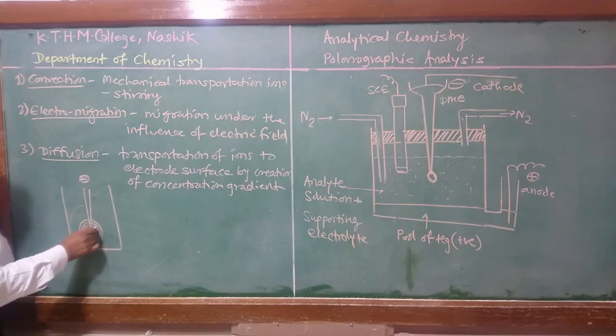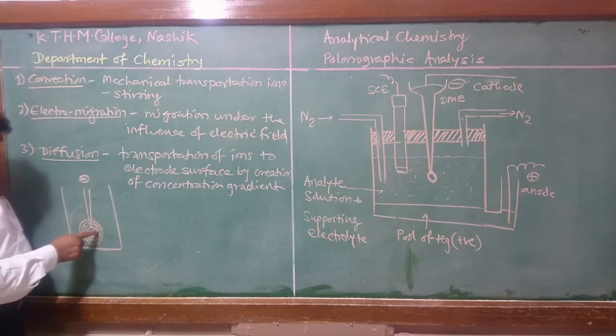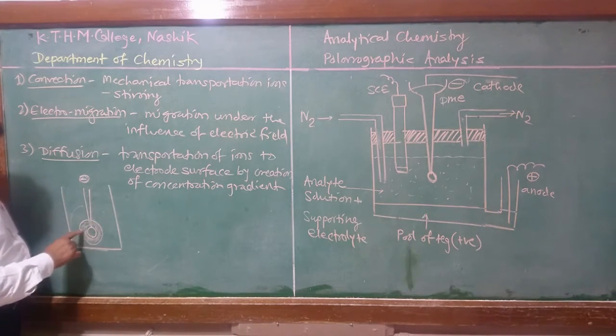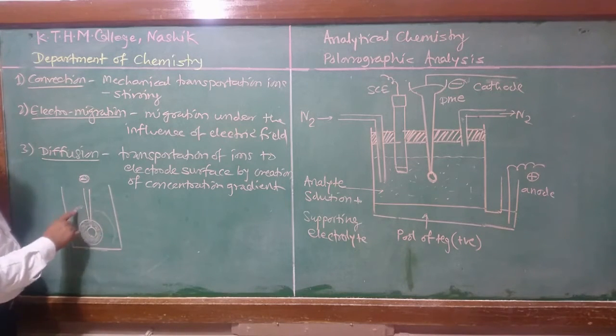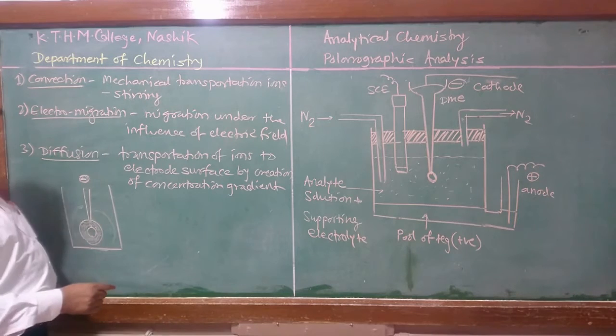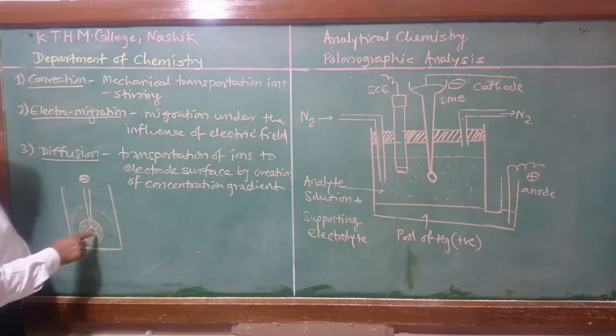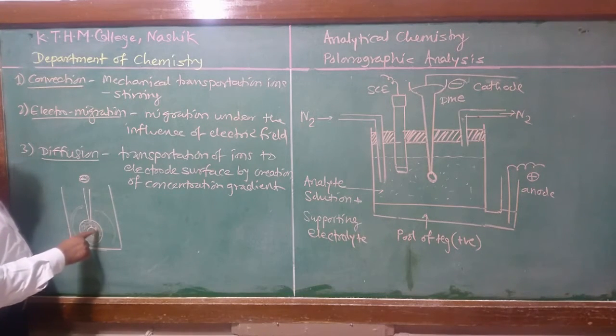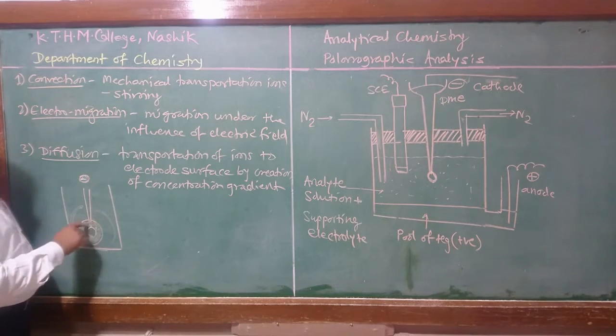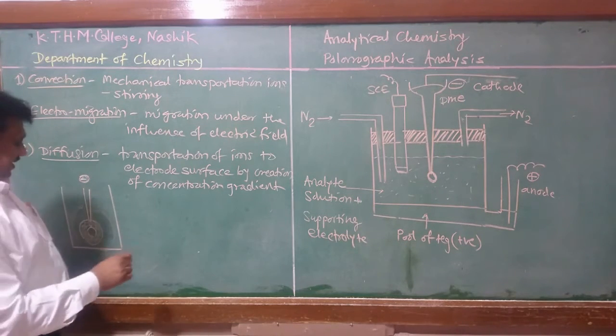Therefore, we have two regions here. In this case, here we have a region with less or no ion, and here we have a region containing excess of ion. Therefore, in the same solution, we have two different layers having different concentration, and this is called creation of concentration gradient.